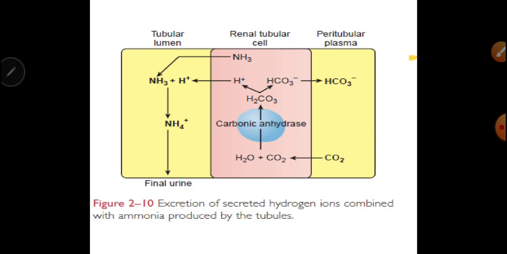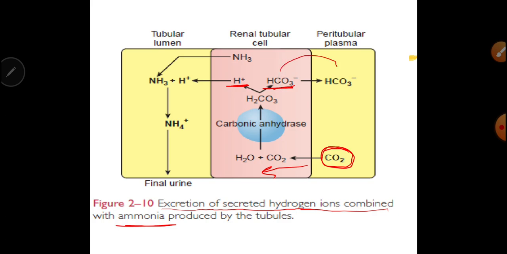Excretion of urine can also include hydrogen ion combined with what? With ammonia. So we can also use ammonia for the process of excretion of hydrogen ion. This process is similar to the previous process. The CO2 found in the blood will move inside the renal tubular cell, and it will be converted to bicarbonate and hydrogen ion.